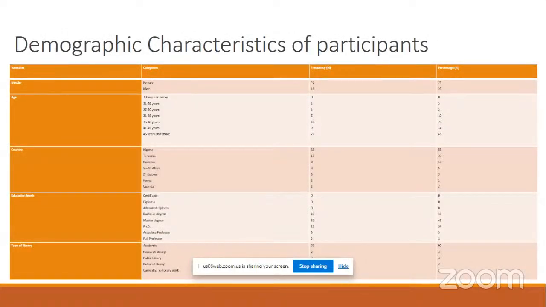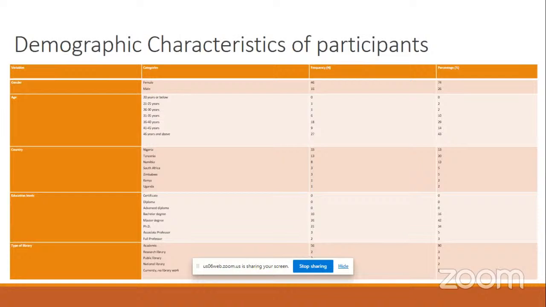Looking at the demographic characteristics of participants, we had 62 librarians that participated in the study. Of those, over 43% were aged 46 and above, followed by those in the age category of 36 to 40 years of age, representing 29%.